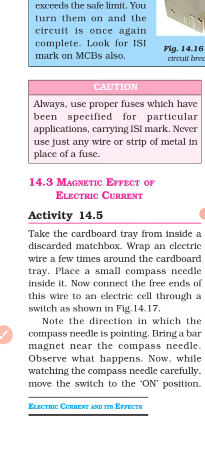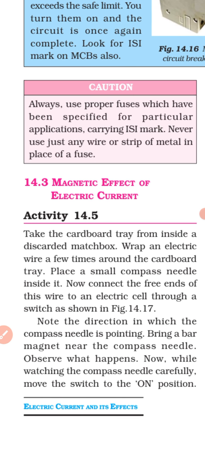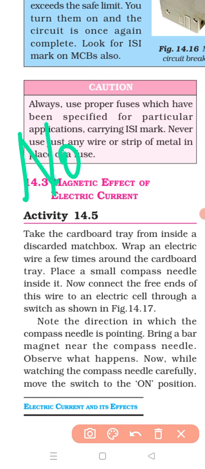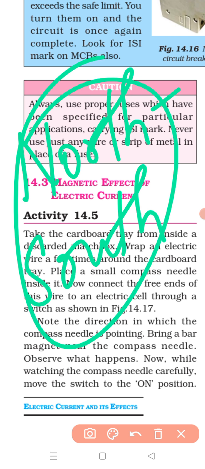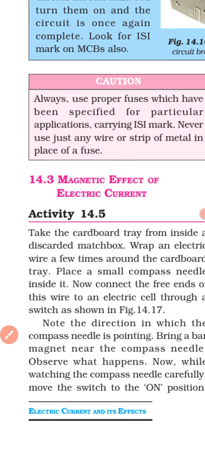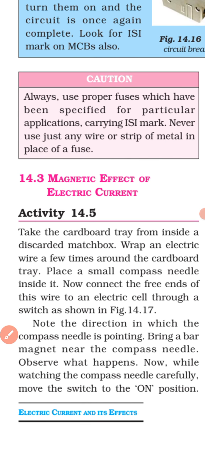Now note the direction in which the compass needle is pointing. As I said, the compass needle usually points in the north-south direction. If you have another magnetic compass, bring a bar magnet and place it near the compass needle.